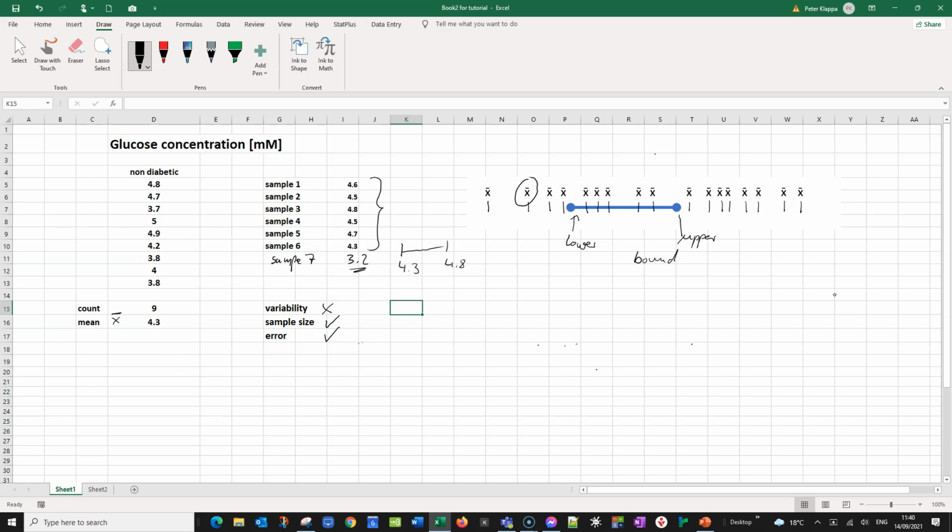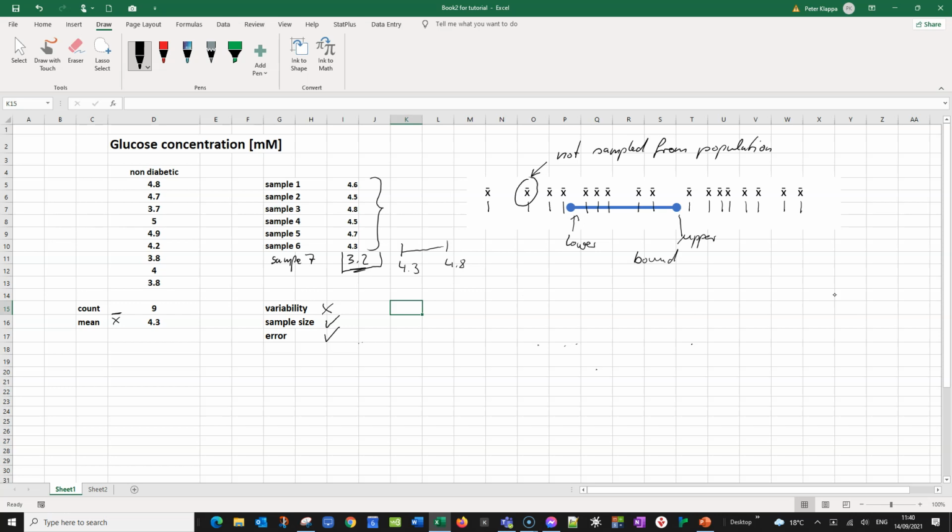And remember, the confidence interval includes the samples that come from the same population. So I would say this 3.2 sample does not belong to the population, not sampled from the population.